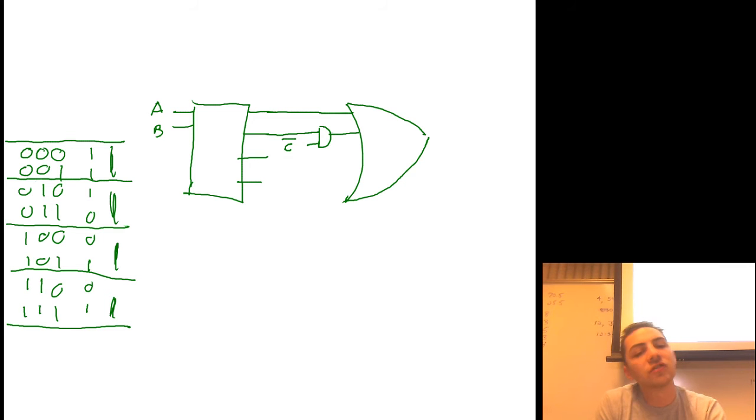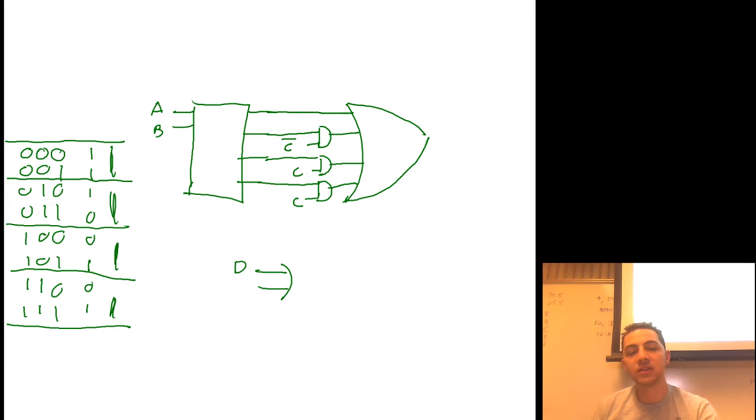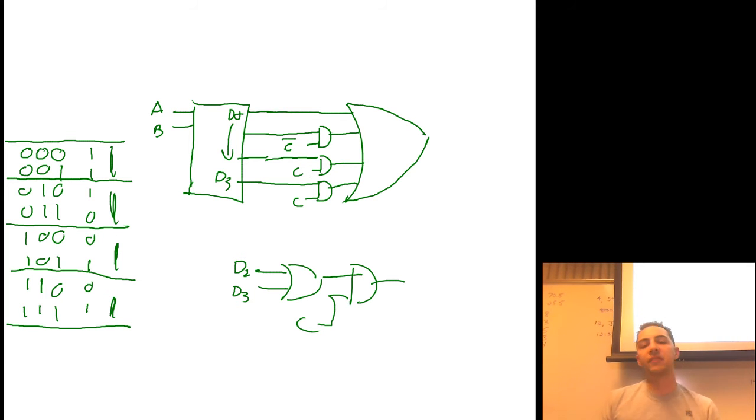The third circuit is C. And the fourth circuit is also C. You could simplify this a little bit. You could put an OR gate there coming out of D2 and D3, and then that could go into that AND gate with C. That would simplify things a little bit, but it's the same number of gates.